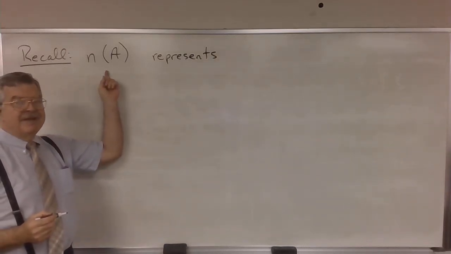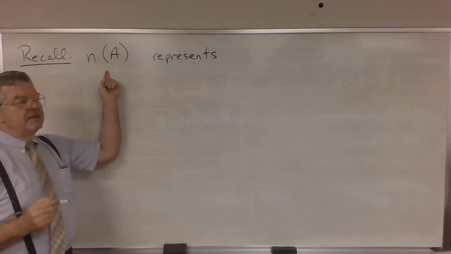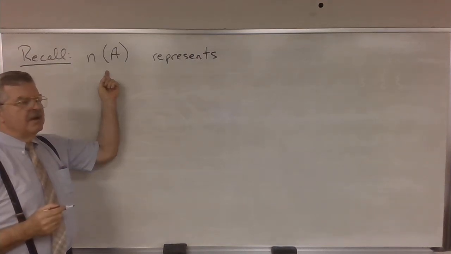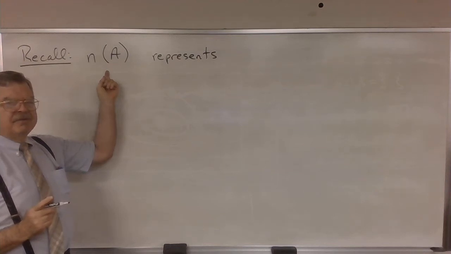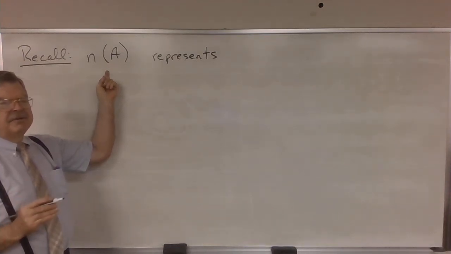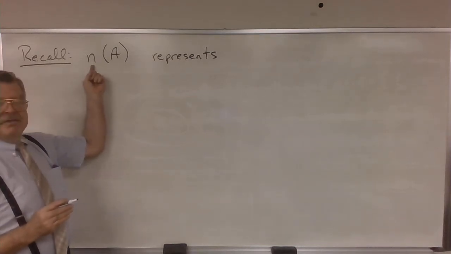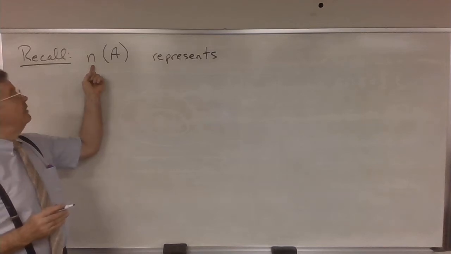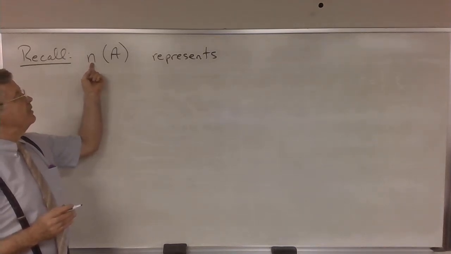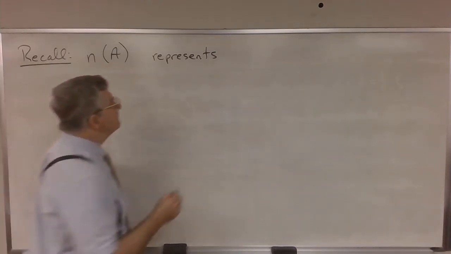Do you remember what that is? You might, we just saw it in passing, so if you don't remember what this is, don't feel bad, because we haven't done much with this yet. But we can think of the N standing for the word number. So this is the number of elements in set A.